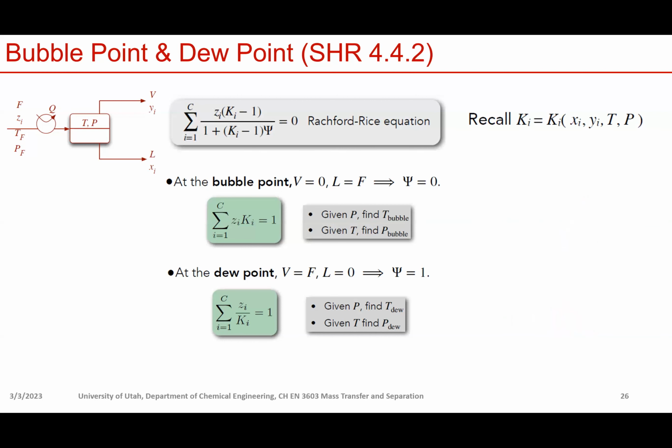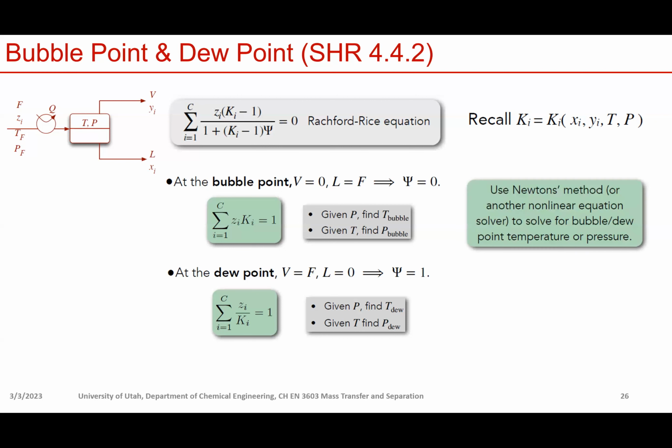Now let's look at a more complex case. Let's say we don't use Raoult's law, because Raoult's law is so simple that you can just plug in the numbers. What if you use other models in which the K value does not depend on temperature and pressure in a very simple way, but in a nonlinear way?